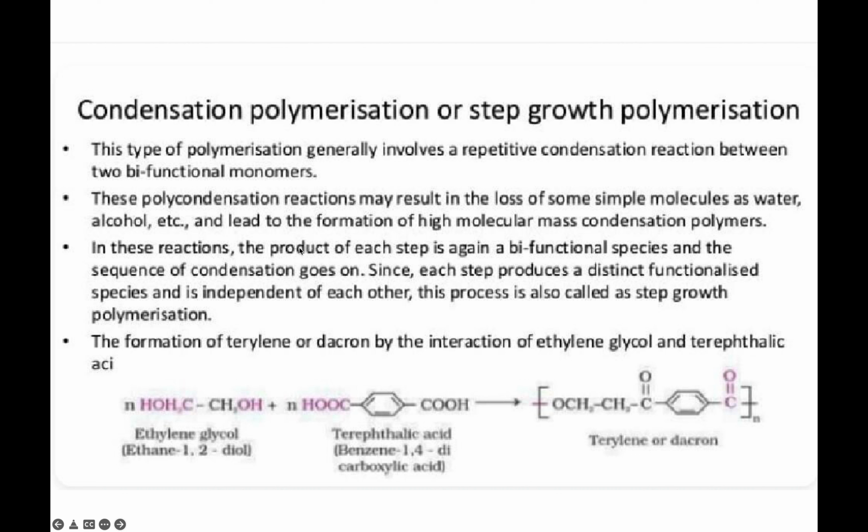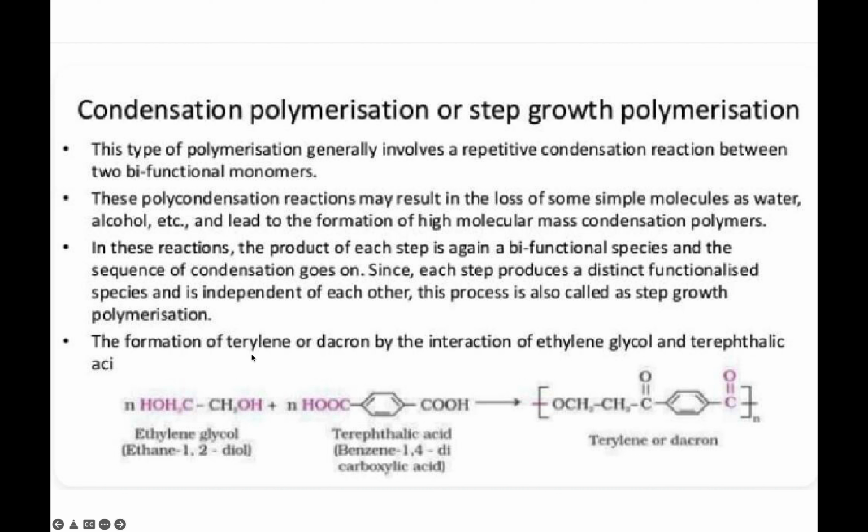In each step the product is again a bifunctional species, and the sequence of condensation keeps going. In each step a distinct functionalized species is produced which is independent of each other. So this process is also called step growth polymerization.